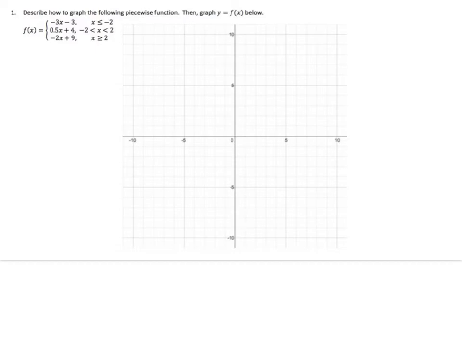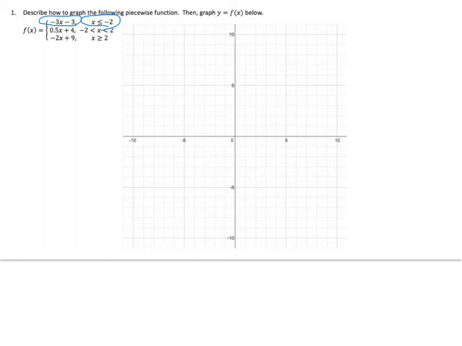So describe how to graph the following piecewise function, then graph y equals f of x below. So I have three piecewise functions here. The function f can be graphed as the line y equals negative 3x minus 3. Let's do that one in blue. When x is less than or equal to negative 2.